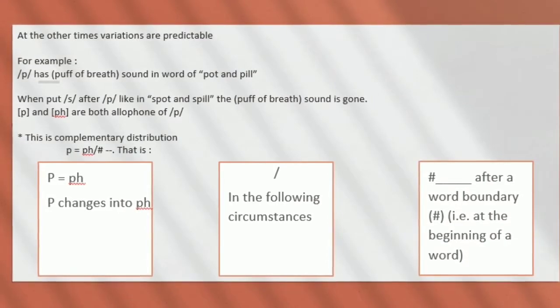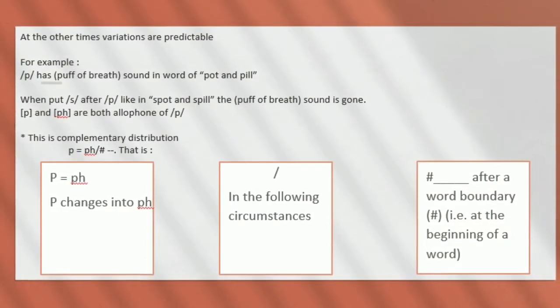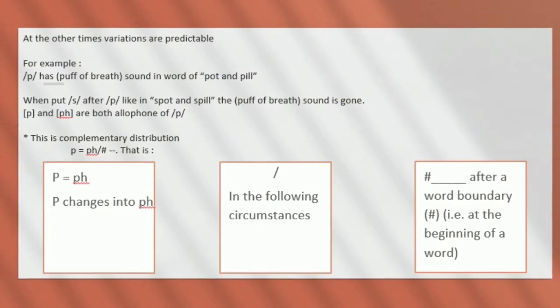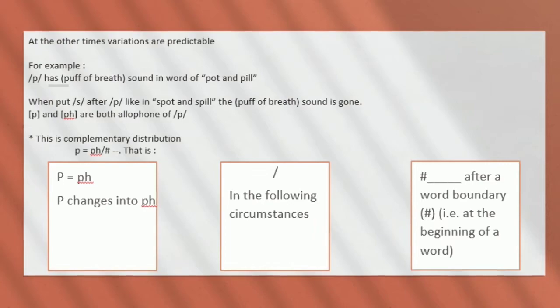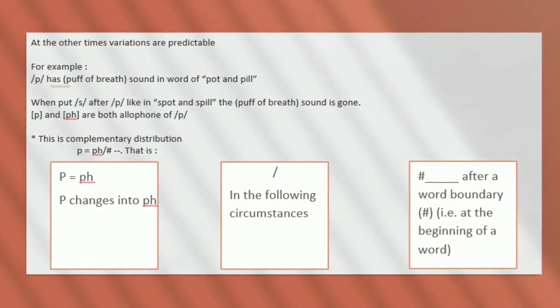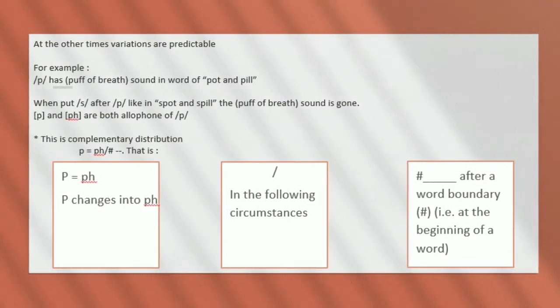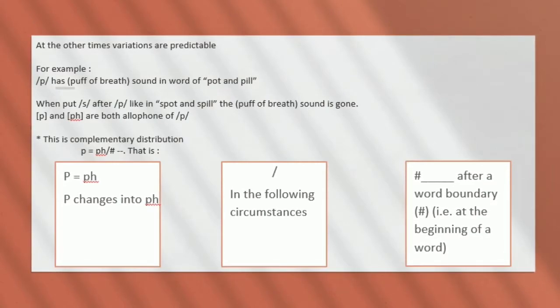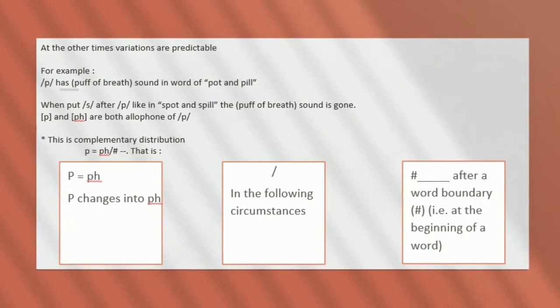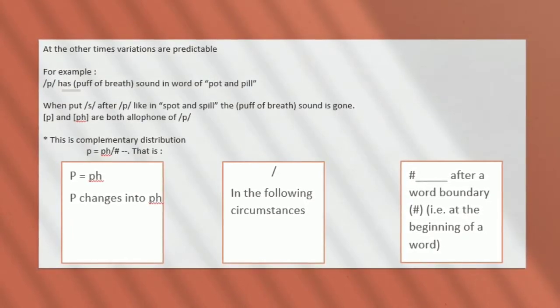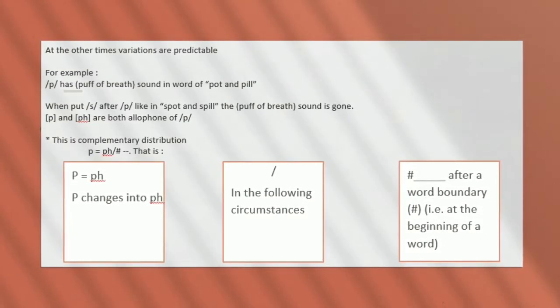In short, the aspirated variant and the unaspirated one are both allophones of the phoneme P, and each occurs in a different and predictable set of environments. And take note, this is complementary distribution, since one set of environments complements the other.